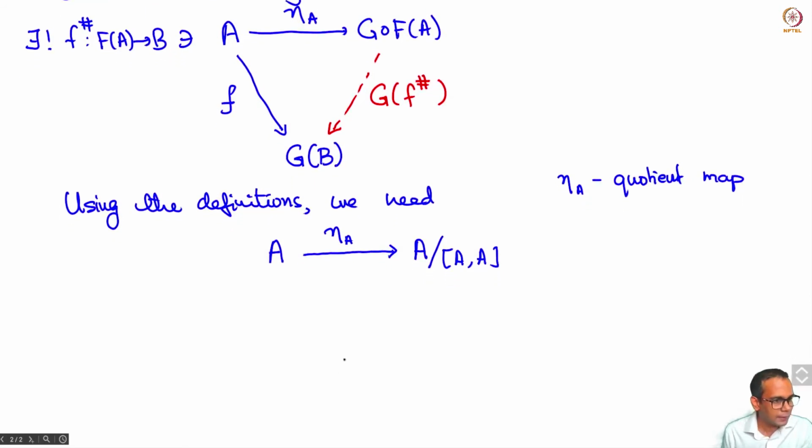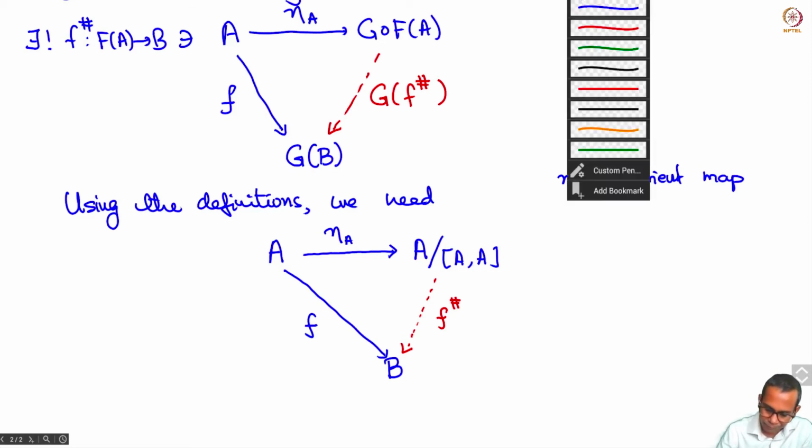And what you're saying is that for every abelian group B, whenever you have a group homomorphism from A to B, that means every group homomorphism from A to an abelian group factors through the abelianization of A. So there is a group homomorphism F hat from A mod the commutator subgroup to B. And this is actually very easy to see.